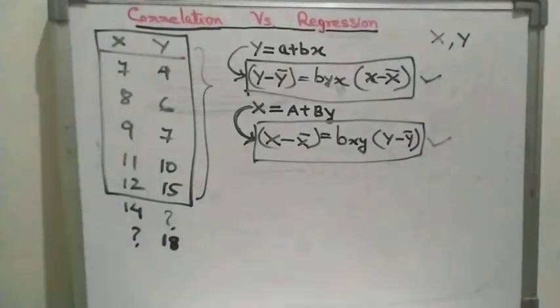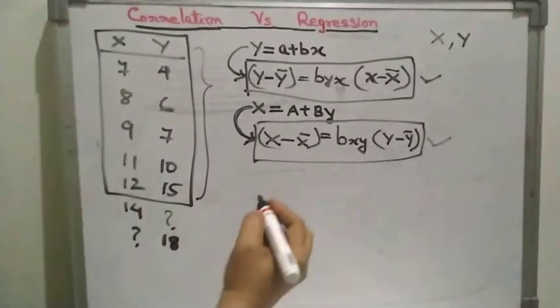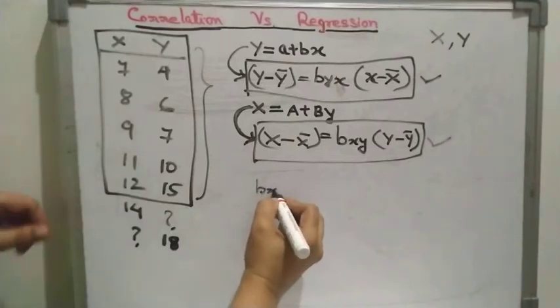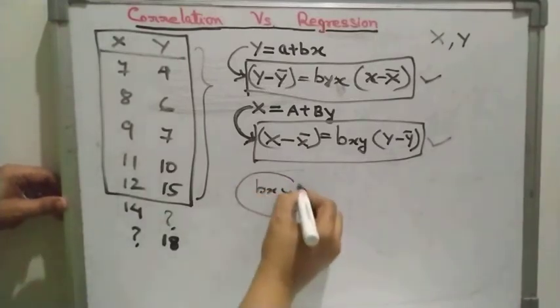The first equation gives the best estimation of the value of y for a given value of x, and this equation gives the best estimation of the value of x for a given value of y. There is a formula for bxy.